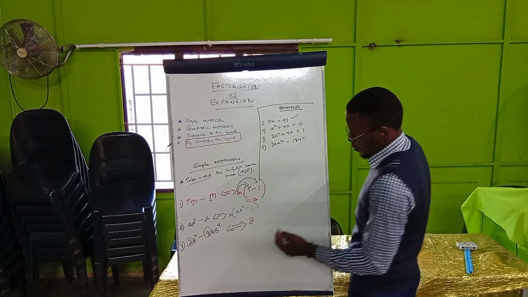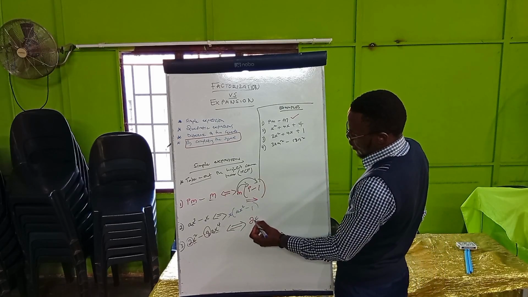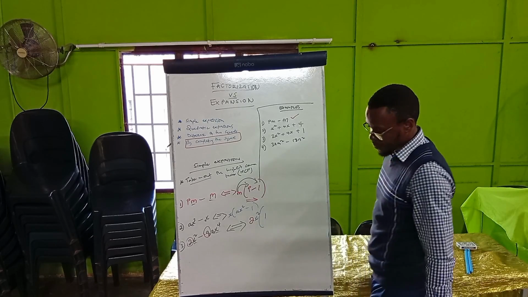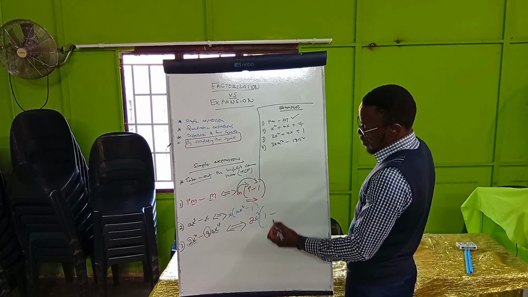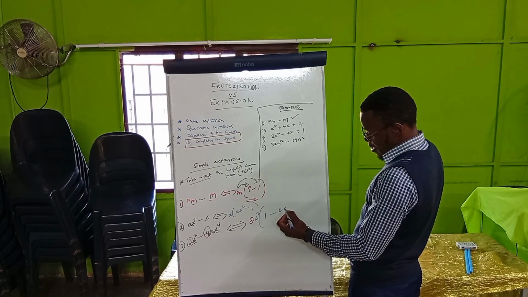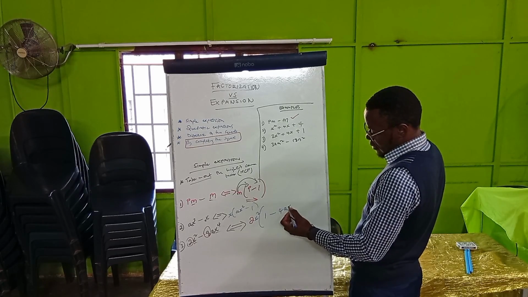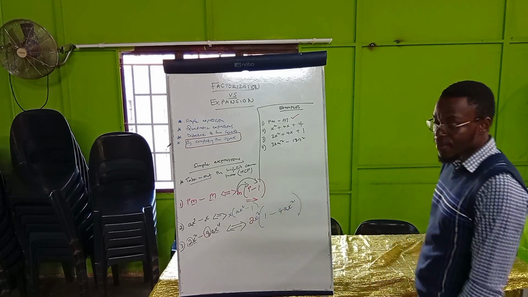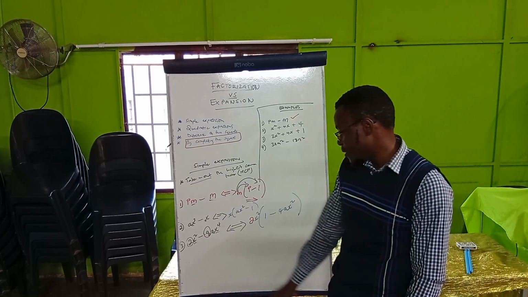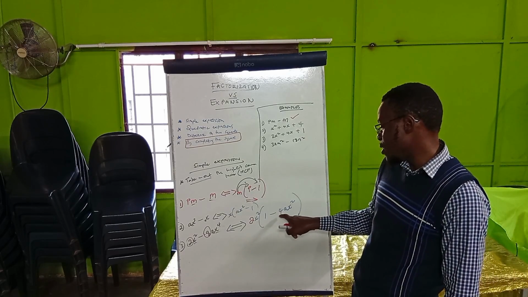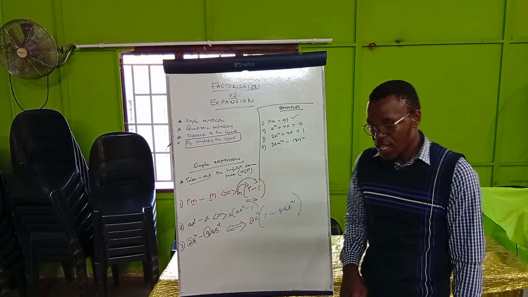So we will take out 2x squared, so that in brackets we will have 1, and then we'll be left with 4ax squared, like this. So this will give us 2x squared, 1 minus 4ax squared.